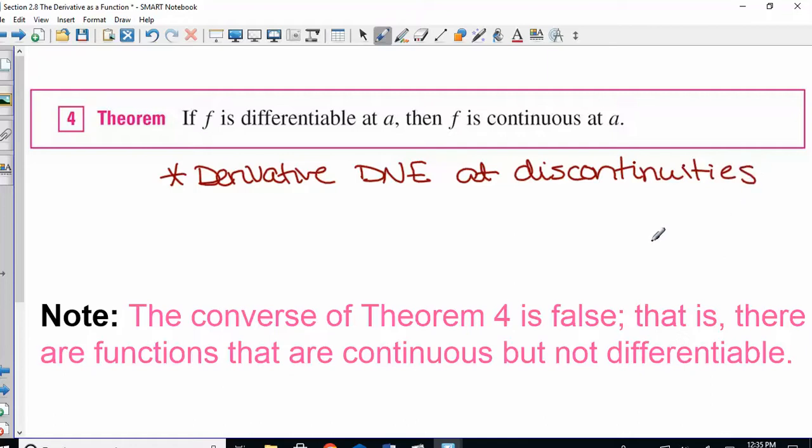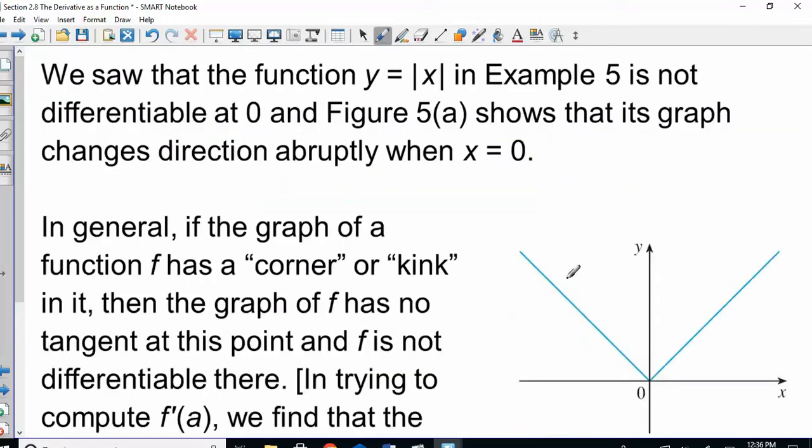So we had those on the last test. We know a discontinuity is like a break on our graph, a jump, a removable, an infinite discontinuity. Any of those places, there is no derivative. So there's no derivative if we have a corner or if we have a break in our graph. And that's what's summed up in the next few things, what makes something not differentiable.